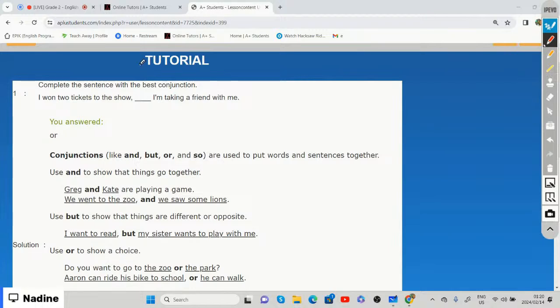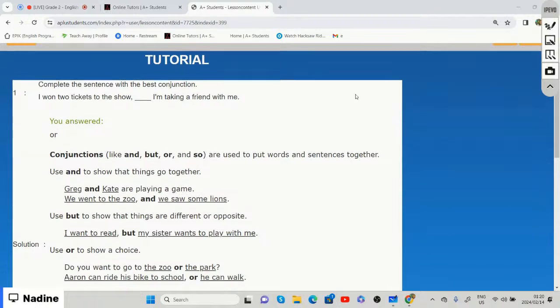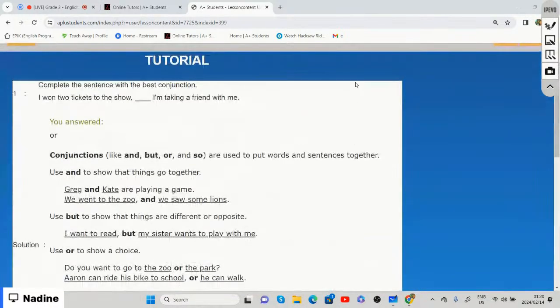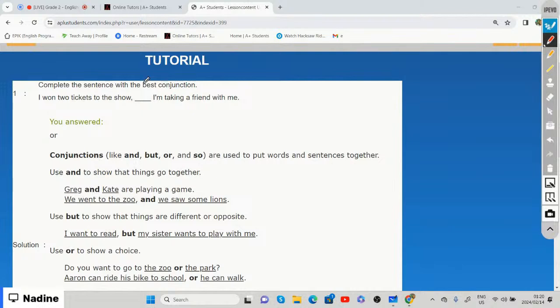All right, so we're going to say I won 2 tickets. So it's either you can say so I'm taking a friend with me, or we're saying and I'm taking a friend with me. Yes, so which means that I won 2 tickets, so I'm taking a friend with me.